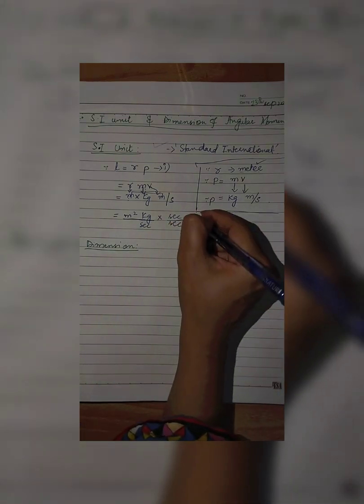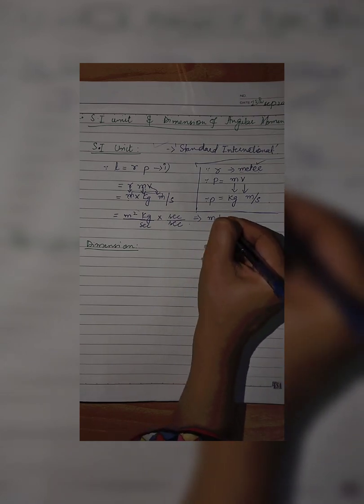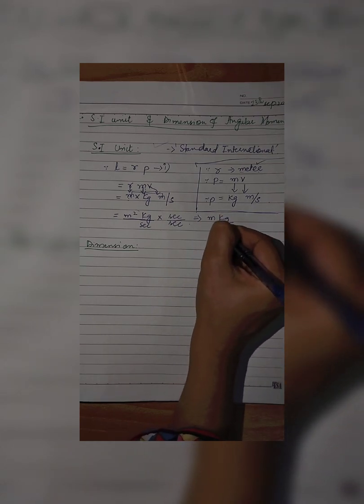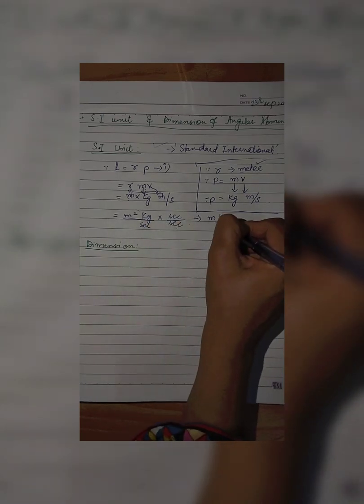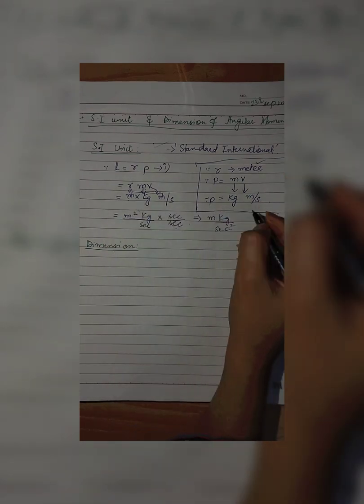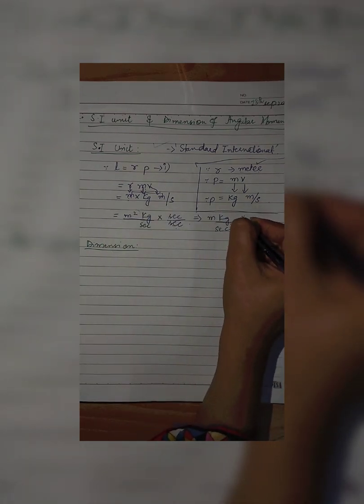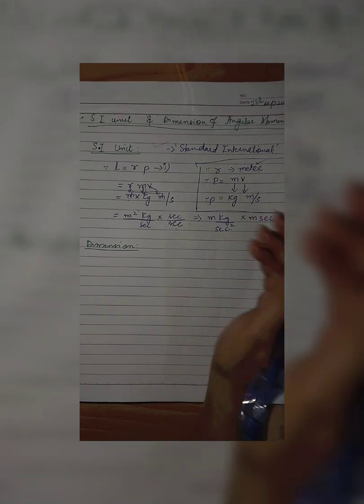Can we write this meter square like this: meter kilogram into second square? These two multiplied give us second square, and this one remains meter into second. Can we write like this? We can. And why are we doing so?